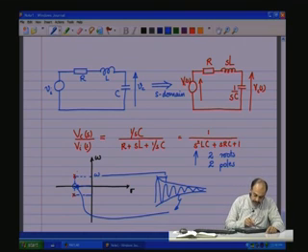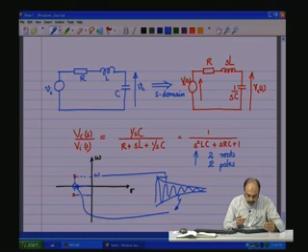Depending upon the positions of the poles there, one can get fully damped, that is no oscillations, to very large underdamped oscillations based on the locations of the poles here, which of course we will see a bit later.